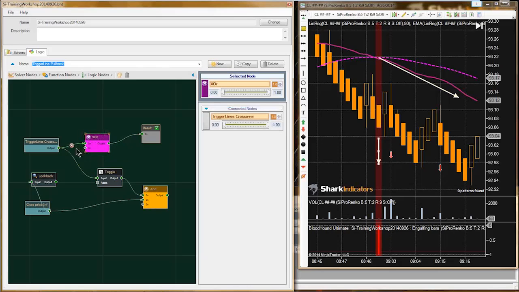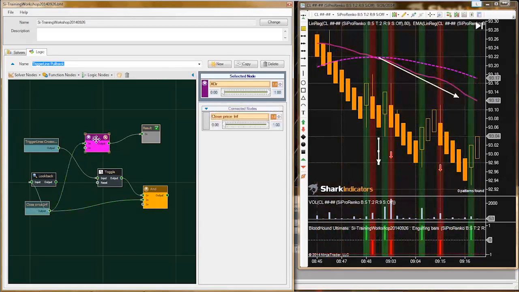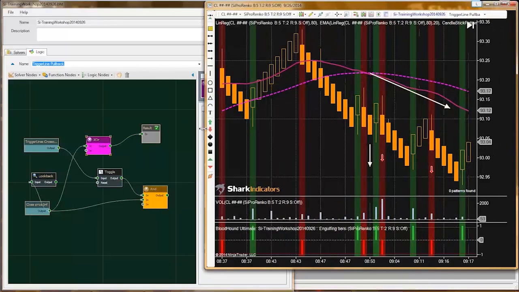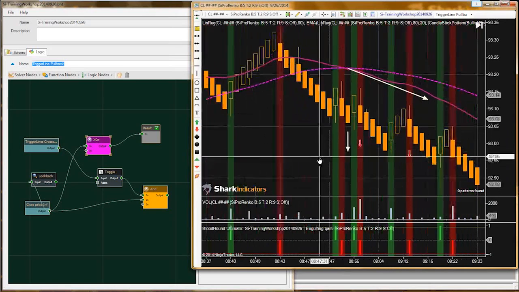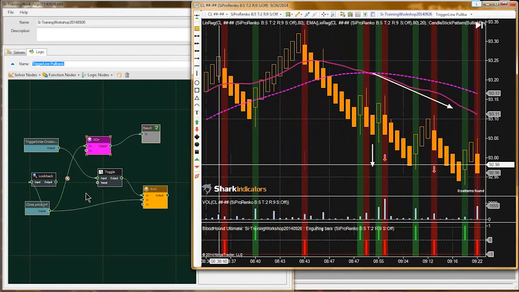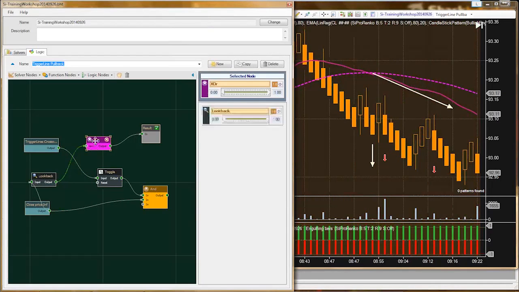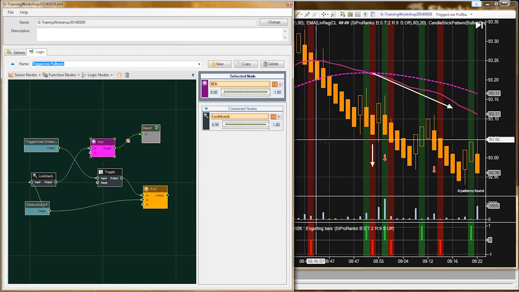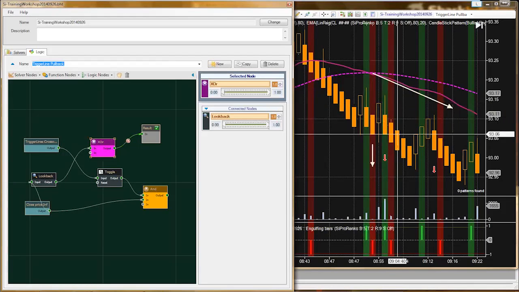Alright, so let's take a look at the inflections here. With an XOR node, if all we have is one signal coming in, essentially all these signals just pass right through. All of these inflection signals are just passing right through.